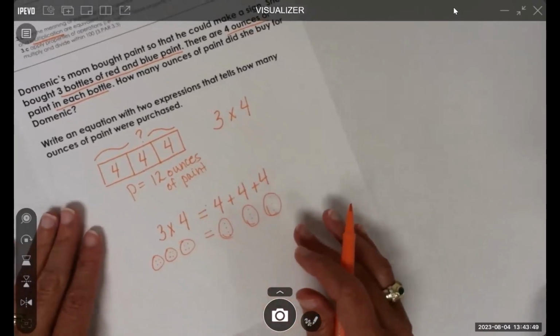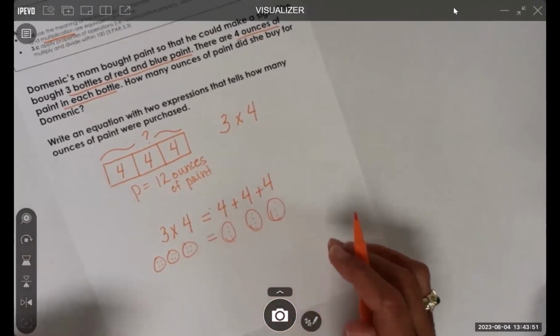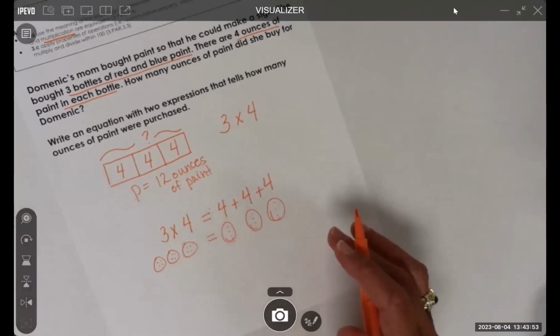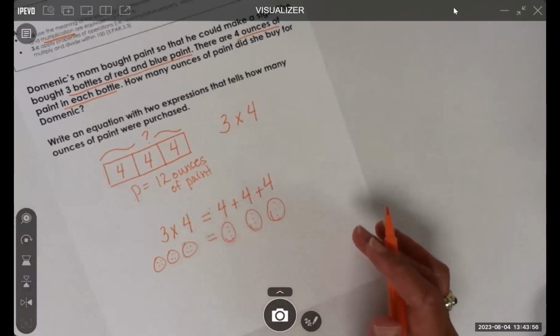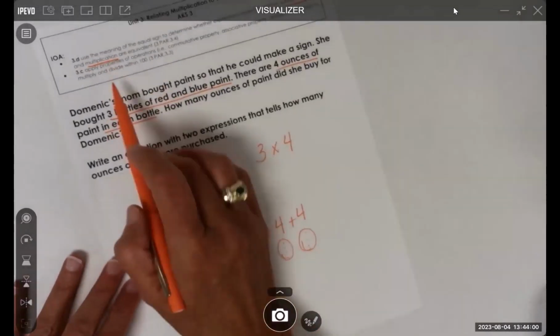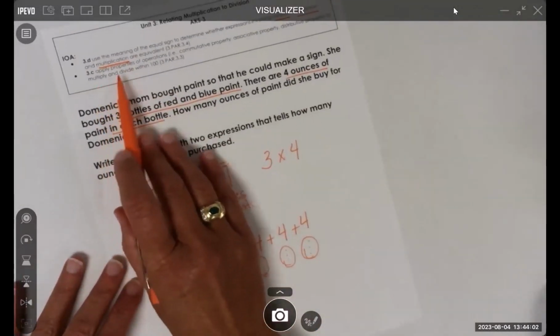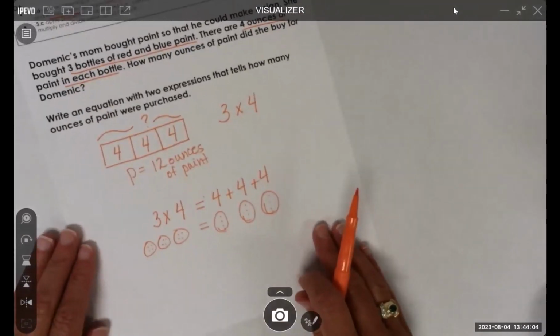But as your kids progress to the abstract level of learning with this IOA, they are going to become more flexible in their thinking, and they will begin to apply those properties, which is why IOA 3C is anchored in IOA 3D.